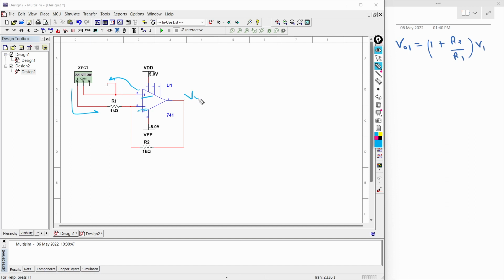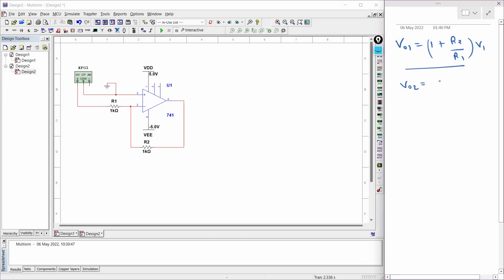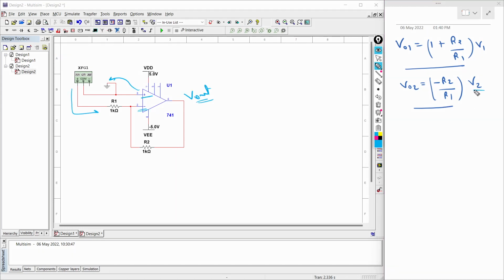Now let's check what the output voltage will be in the second case. This is the equation of output voltage in case number 2, where we have V2 as our input signal and this section is the gain of this differential amplifier, and this is because of the combination of the R1 and R2 resistances.